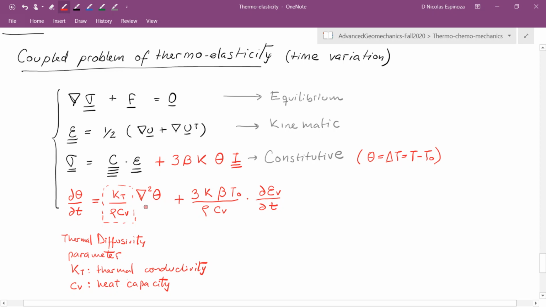As we said before, we have heat flow because of gradients of temperature, and this is this first part. However, when we add the part of mechanics, we can also have changes of temperature due to changes in volumetric strain. And probably this is kind of difficult to see, but I propose you think on the following example.